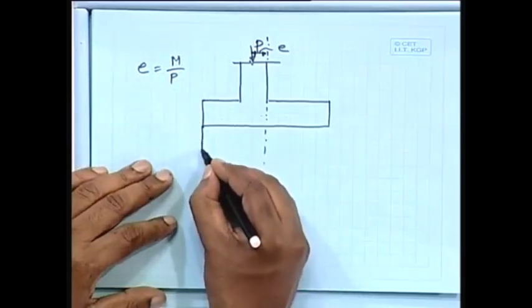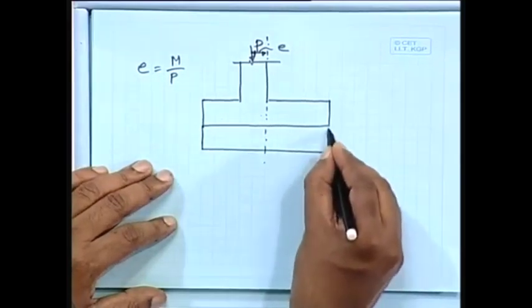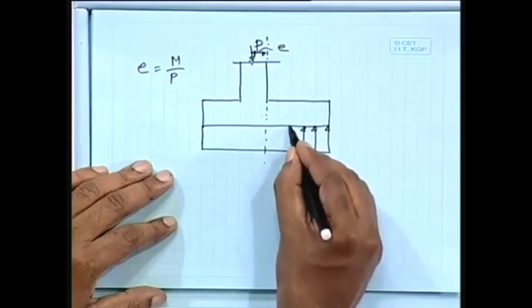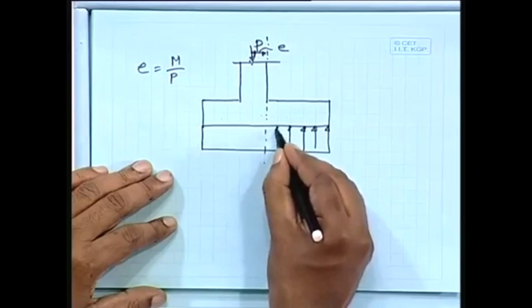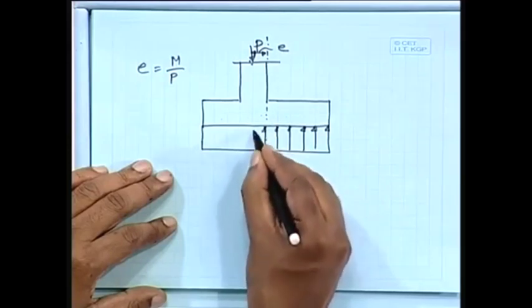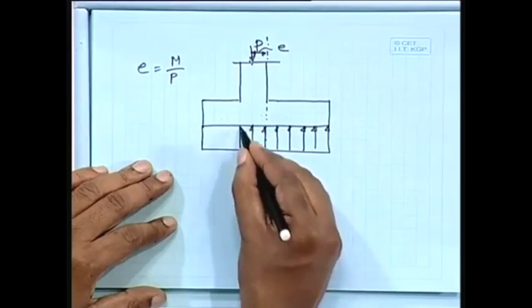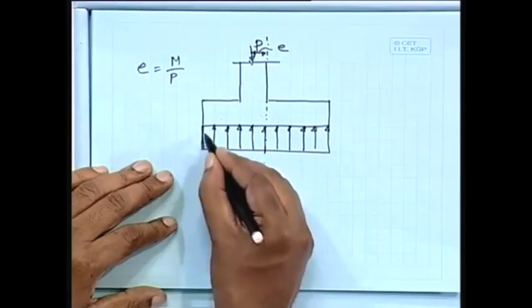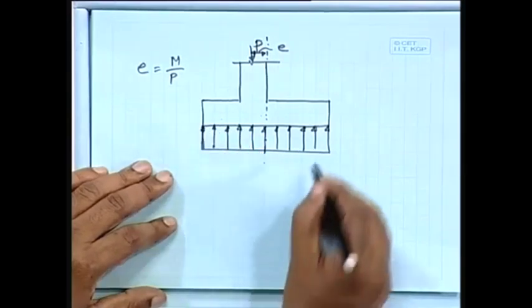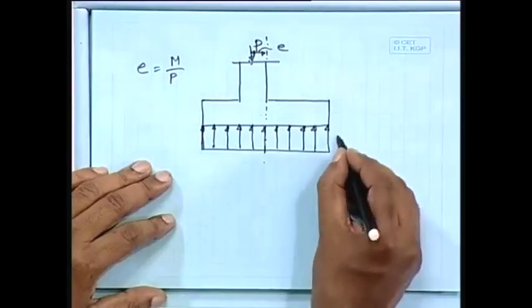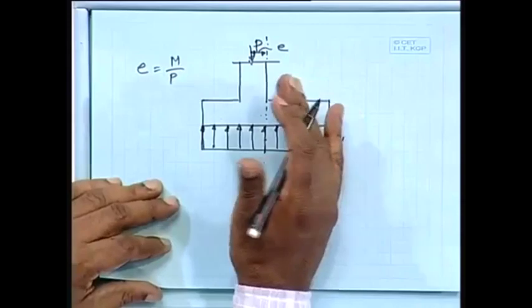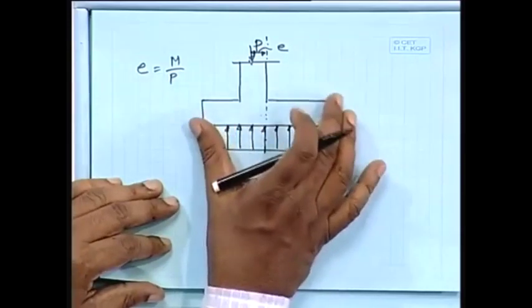We shall get uniform soil pressure, that Q. This way also we can make it. So this is one way, but generally we avoid this one.